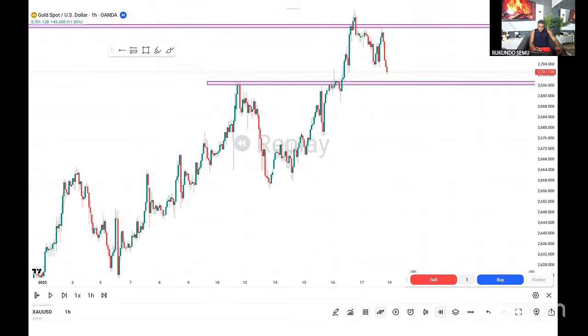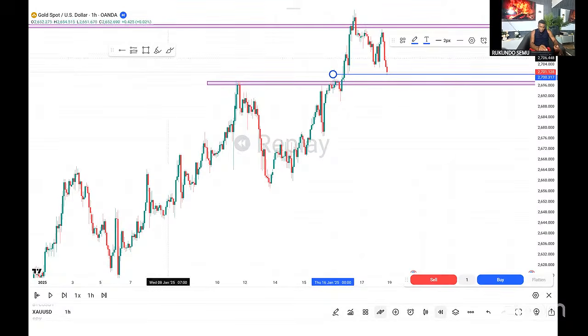So what do we want? We want the market to come here and pick liquidity. And which liquidity do we have here? Our liquidity is here. We said we consider liquidity at least more than 2 candles. Are you seeing? So our liquidity is on this area.